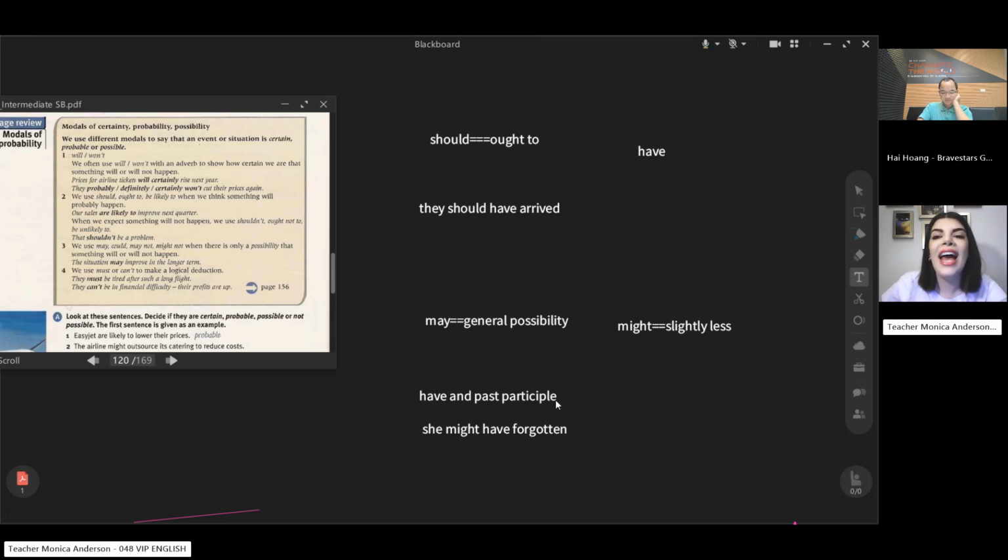But when I have possibility, that is about the chance that something may happen or be true. It's possible, maybe yes, maybe no, like 20%. So probability and possibility are different.